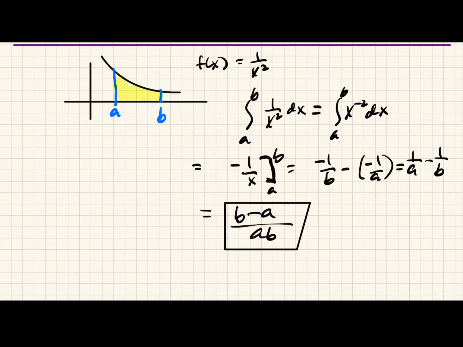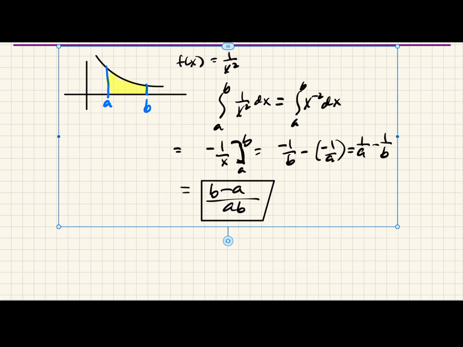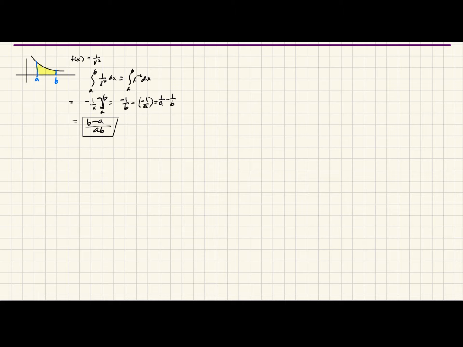But what if there was no stopping point? Now, when I look at this thing, I can see that's a finite area. Okay, what if we didn't stop?